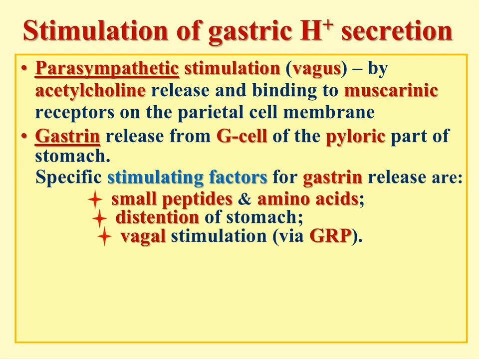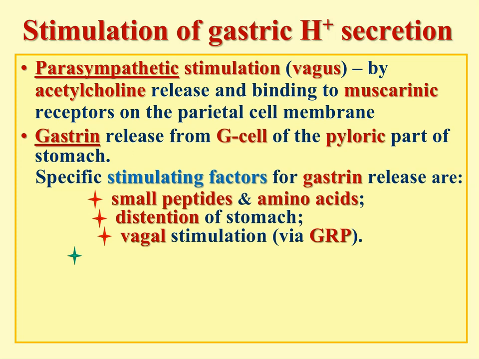And vagal stimulation via gastrin-releasing peptide. So the vagus also stimulates G cells, but in contrast to stimulation of the parietal cells, there is no acetylcholine secretion; instead, gastrin-releasing peptide is released, and it stimulates G cells to produce more gastrin.